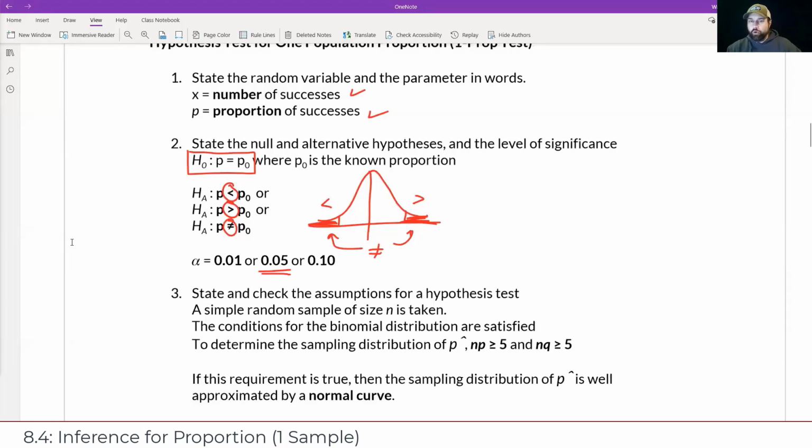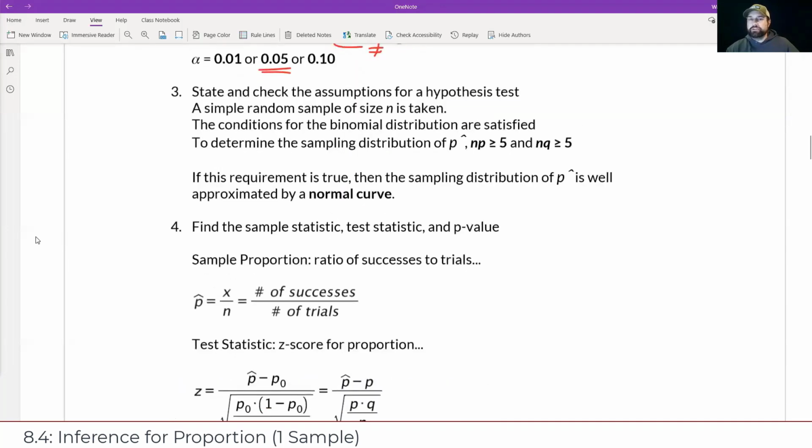Okay, in order to proceed on this, there's a couple of stipulations that we have to make, because a lot of times proportions are binomial distributions, either yes or no. Either you met the condition or you didn't meet the condition. That's what proportions usually are.